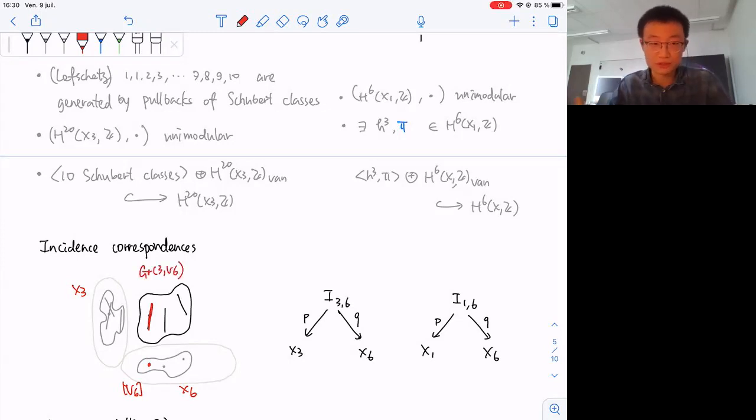So you have to mentally replace this line with the Grassmannian G(3,6), and it projects onto a Grassmannian G(3,6) contained in the hyperplane section. So we have a very similar picture, except that in this case this incidence variety does not dominate X3. If we compute the dimension, this only covers a subvariety of X3.